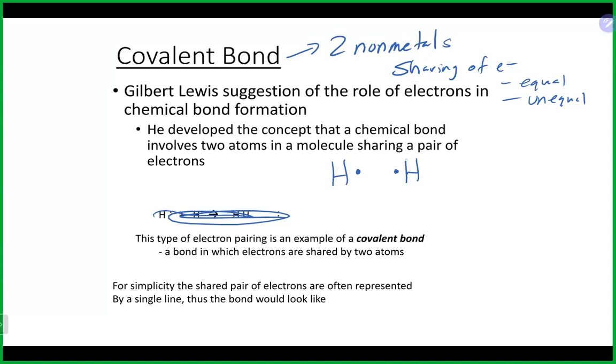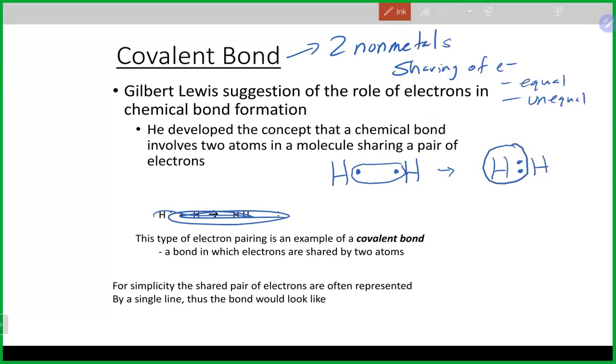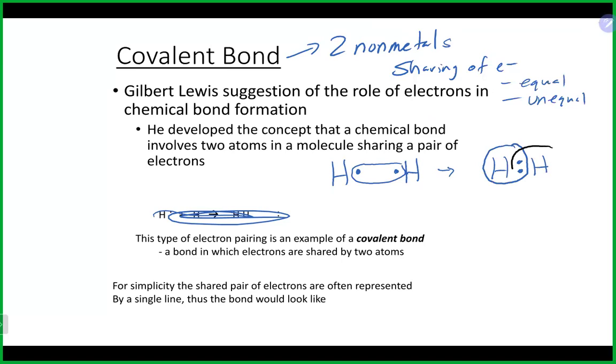So what's going to happen in this case is these electrons here are going to end up being shared between the two hydrogens. So these two electrons get shared between the two hydrogens. The electrons in the middle count for the hydrogen on the left, and those electrons in the middle count for the hydrogen on the right, which means if those electrons count for both of them, the hydrogen on the left ends up with how many electrons?